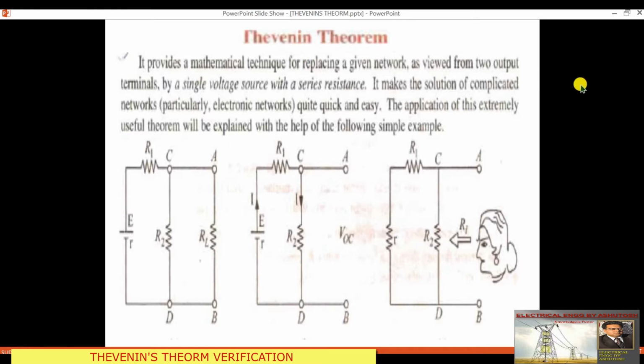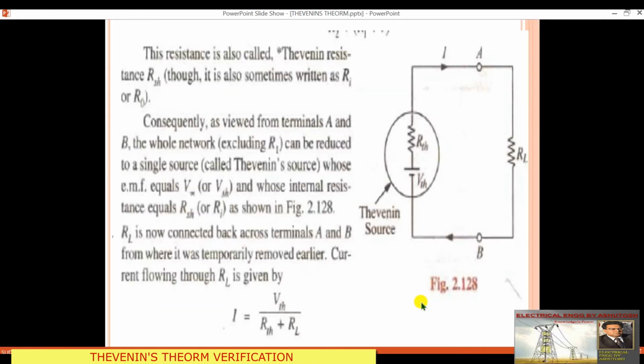Okay guys, there will be one voltage source VTH, that will be called Thevenin's voltage source, and in addition a single resistance RTH will be connected in series with that voltage source.